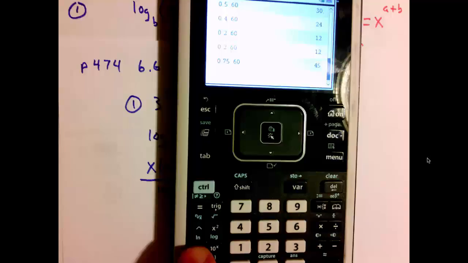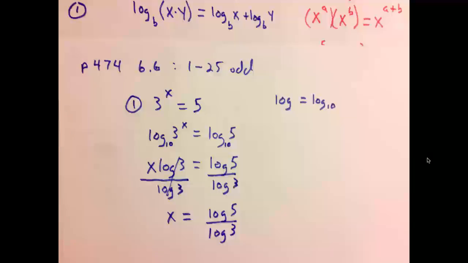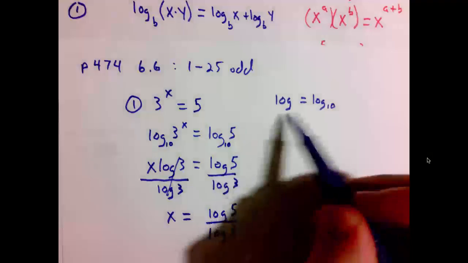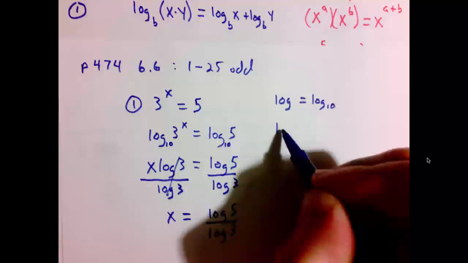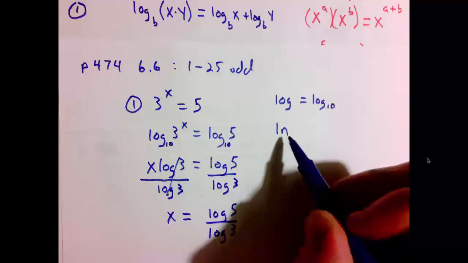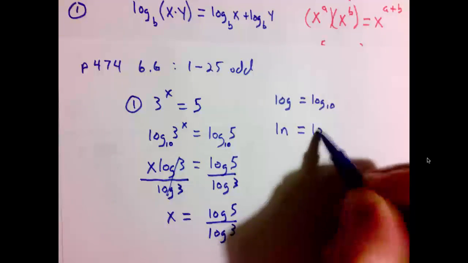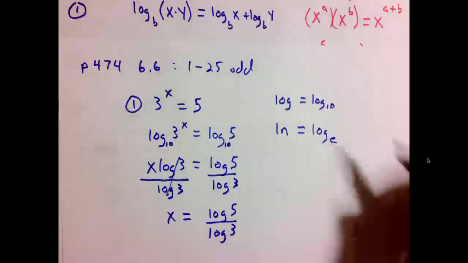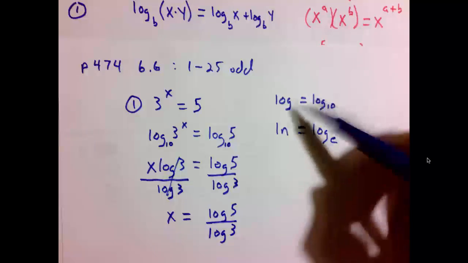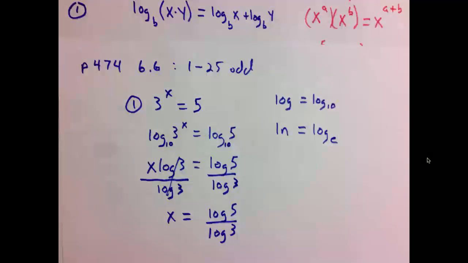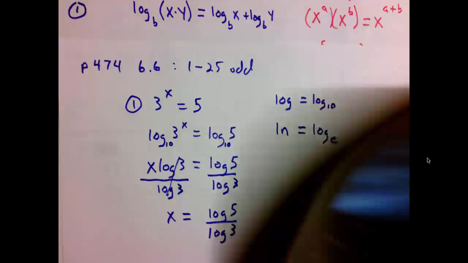This ln we call the natural log. We say log is log base 10. Ln, called the natural logarithm, is log base e. Okay, and for our purposes we can use either one of these and it's going to yield the same thing.